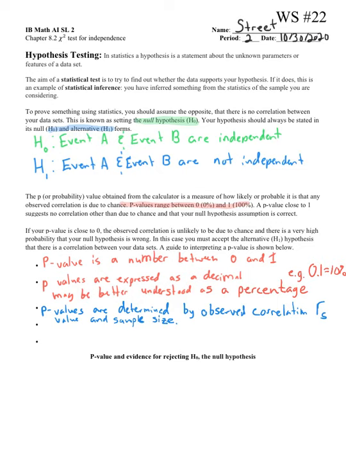Let's see. Getting tight on space. Small p-values are strong evidence against the null hypothesis. And we'll talk about that down below.